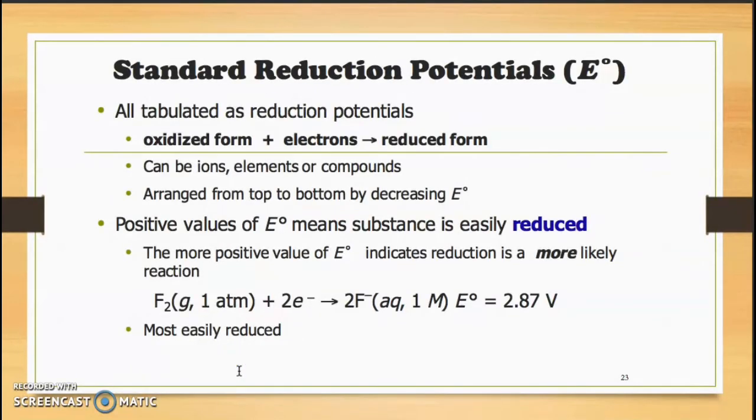Standard reduction potentials are all tabulated as reduction potentials: the oxidized form plus electrons forms the reduced form. They can be ions, elements, or compounds, arranged from top to bottom by decreasing standard reduction potential, or SRP.